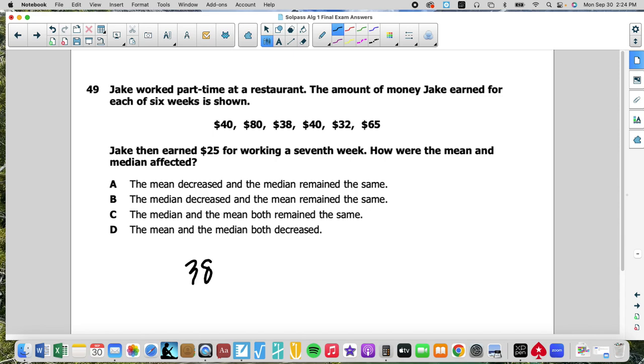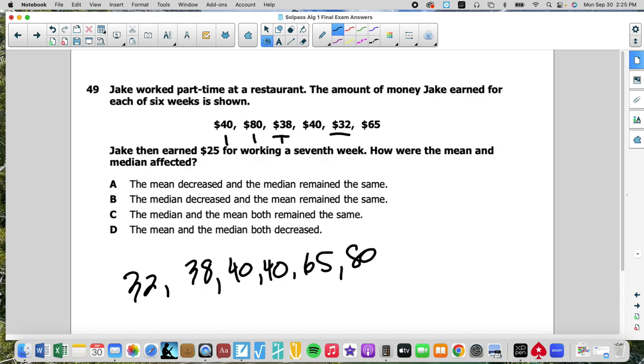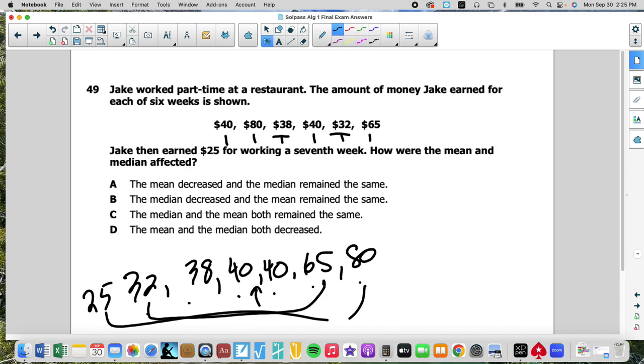So when we find the median, we have to put them in numerical order. And I'm going to cross these off as I go. 40, 40, 65, 80. So I have 1, 2, 3, 4, 5, 6. The median is there if we add a 7th week. So boom, boom, boom, and my median is still the same.